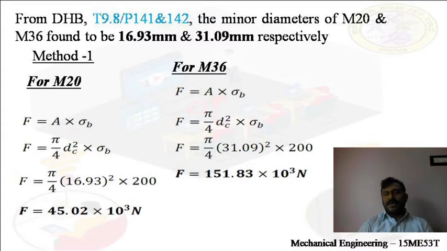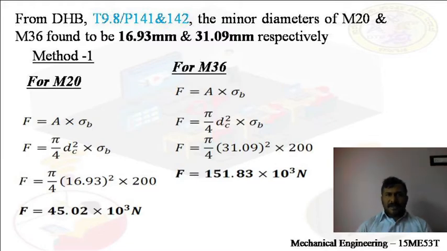Force is equal to core area into sigma b, pi by 4 into 31.09, this is taken from the design data handbook for M36 bolt, into 200. Upon calculating this, you will get F is equal to 151.83 into 10 raised to 3 Newton.